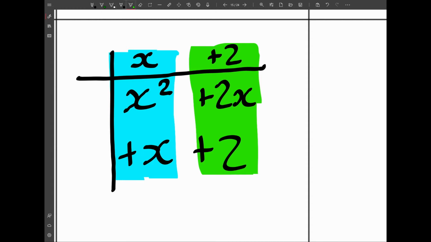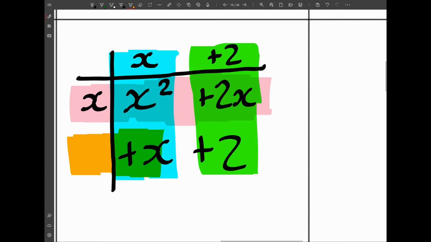Now let's look at the rows. This row, x squared and 2x, well, that has an x in common between the two of them. And this row right here, between x and 2, well, there's really nothing in common.